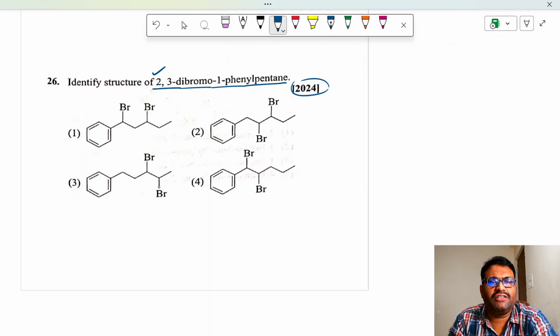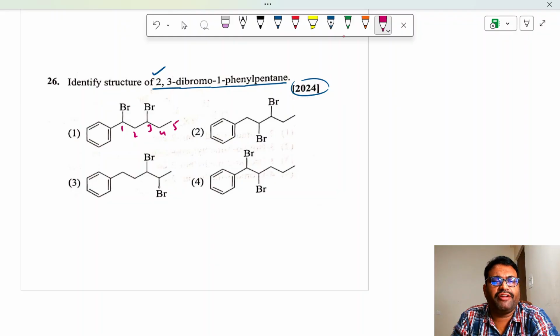We understood that the chain outside this phenyl ring is the parent chain. So for the first one, if you number it, what numbering do you give? 1, 2, 3, 4, 5.